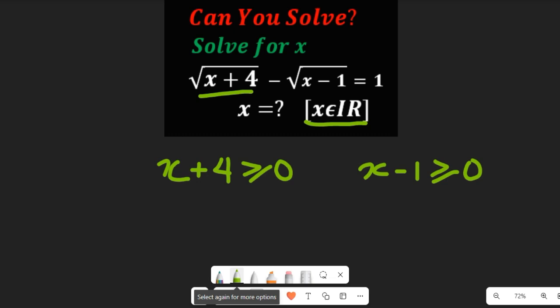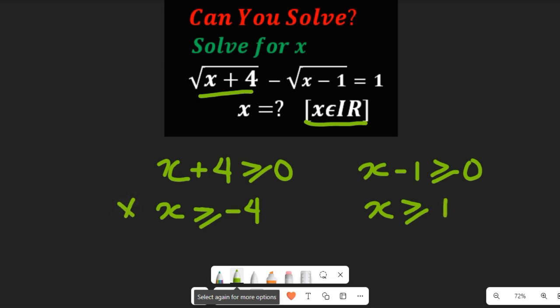To solve these two inequalities, you can see that x will be greater than or equal to -4 on this side, while x will be greater than or equal to 1 on this other side.